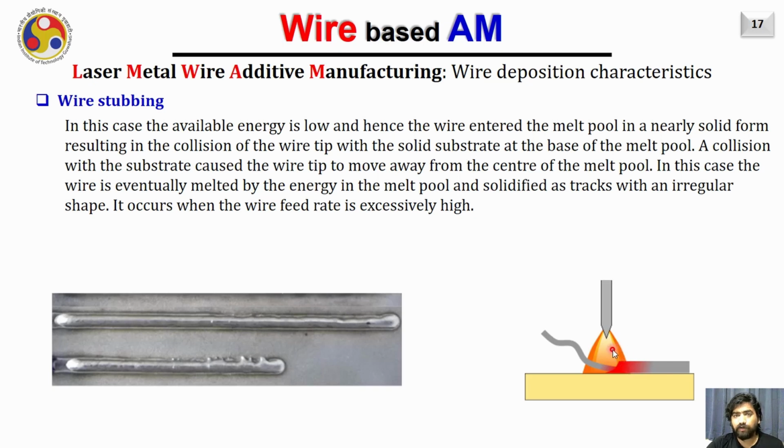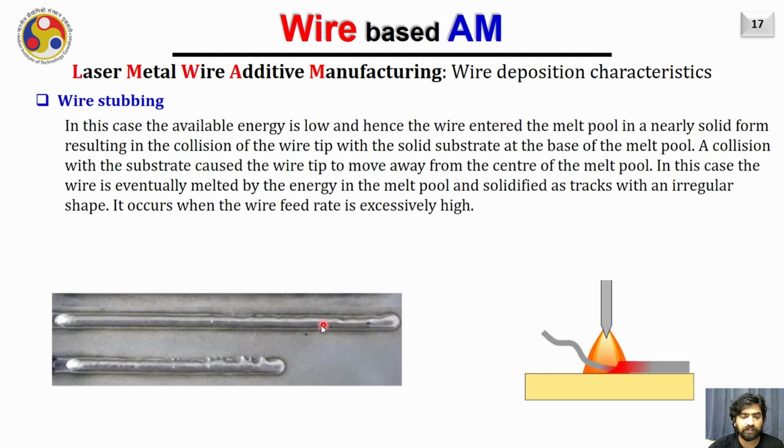It usually occurs, like I already mentioned, due to the excessive feed rate of the wire. As you are seeing here in this diagram, these are typical deposited beads due to the excessive feed rate of the wire. Here you can observe that the wire is getting plunged, and due to the plunging it is creating this type of serrations in the deposited weld bead.